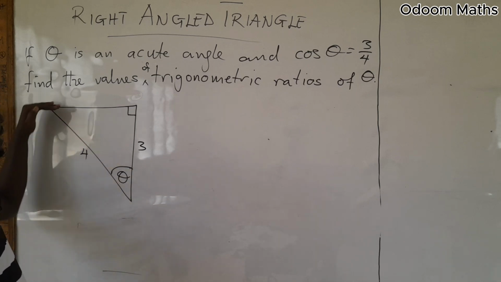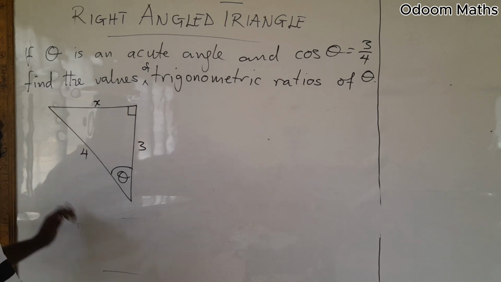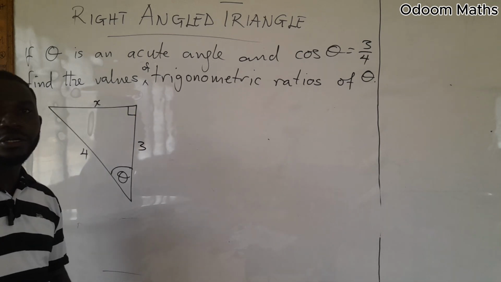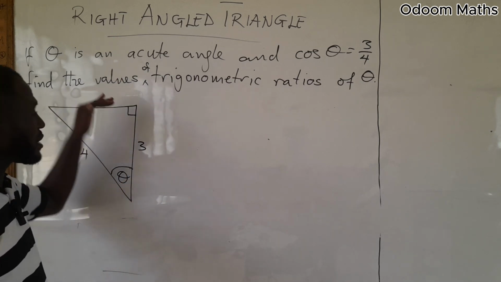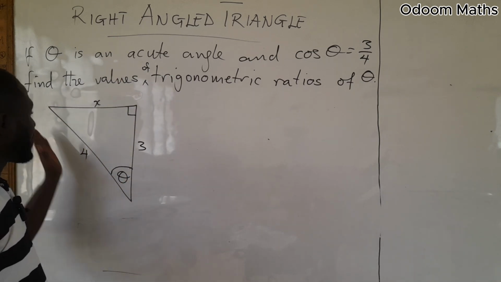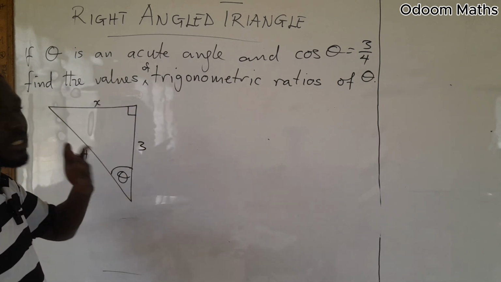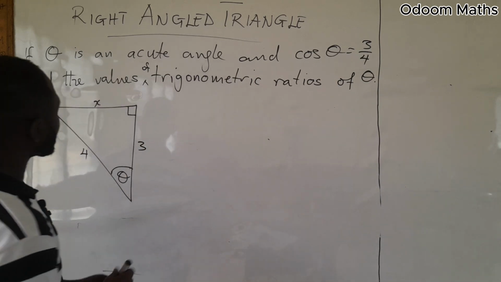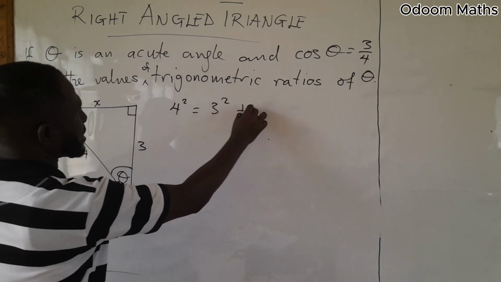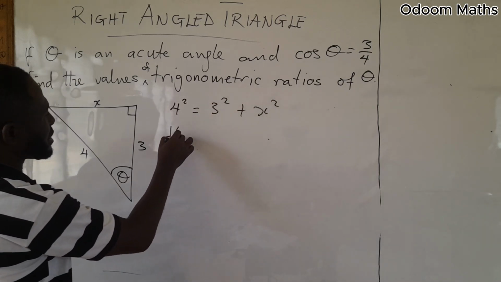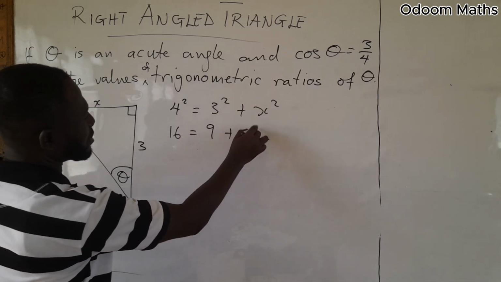Okay, now we need to find the side here. Let me call the side x. Now we go by the Pythagoras theorem, which says that the square of the hypotenuse is equal to the sum of the squares of the other two sides. So this gives me 4 squared equals 3 squared plus x squared, and 16 equals 9 plus x squared.